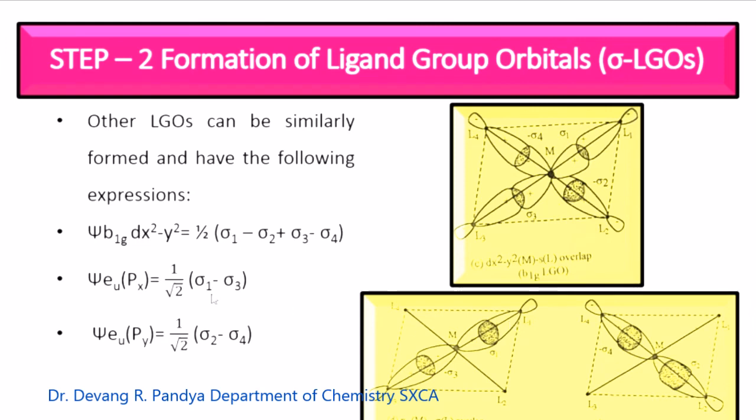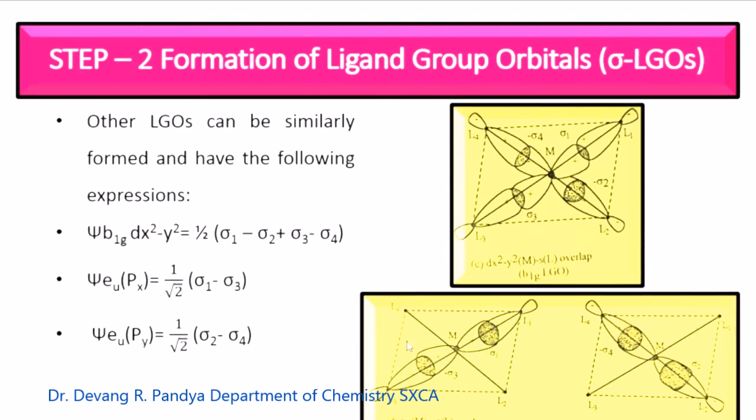So 1 is going to be positive, you can see over here, and 3 is going to be negative, you can see over here as well. That is the way the pictorial presentation represents this wave function associated with the PX of the central metal ion atomic orbital, and the same symmetry we have with the LGO when this overlapping takes place with the central metal ion.